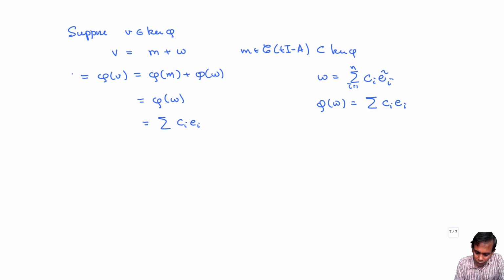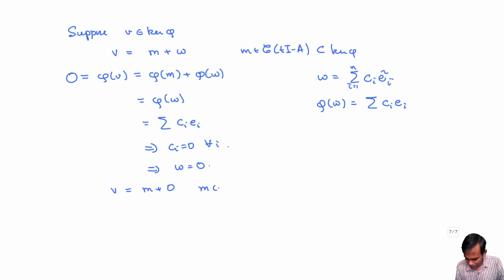So if v is in the kernel of phi, then phi of v is 0. So then this implies that c_i equals 0 for all i, which means that w itself is 0. Therefore, v is equal to m plus 0, and m is in the column space of tI minus A, which means that v itself lies in the column space of tI minus A.